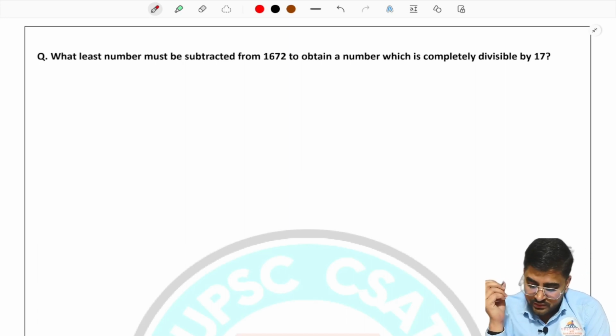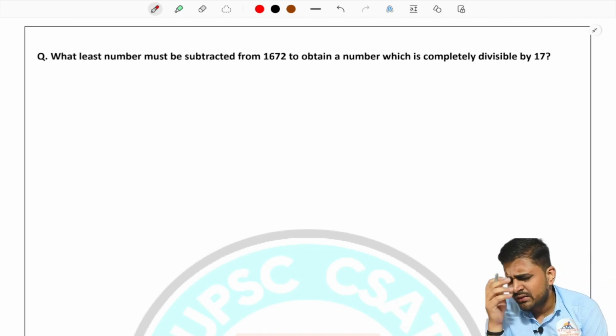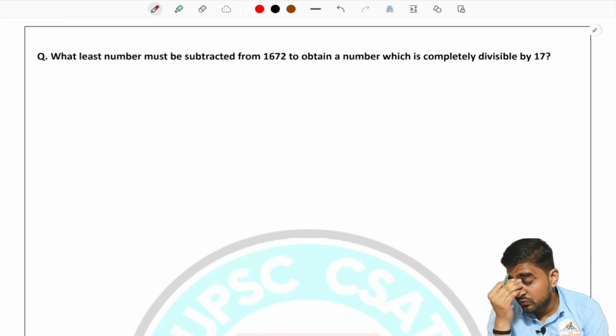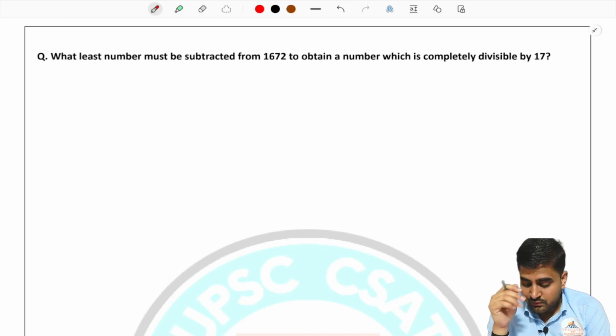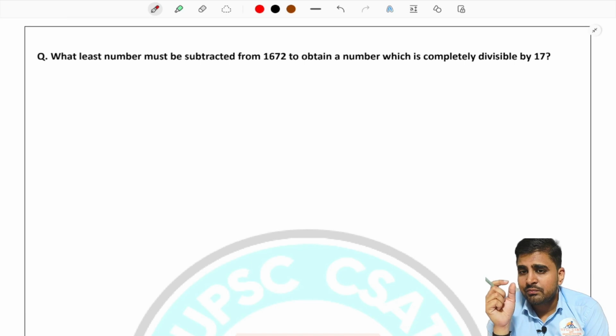This kind of question you will find in your previous year question papers, basically in 2016, 17, 18 question papers. Basically the examiner gives you a number and tells you to divide it by some specific digit.